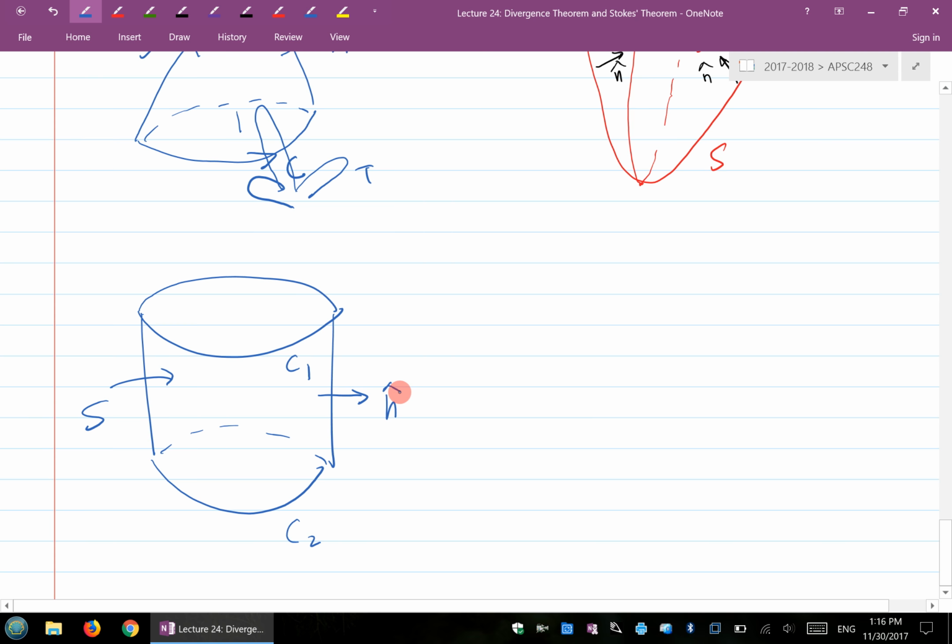What's the direction for C1 and C2? Use your right hand rule. Try it, and then I'll show you what it is.